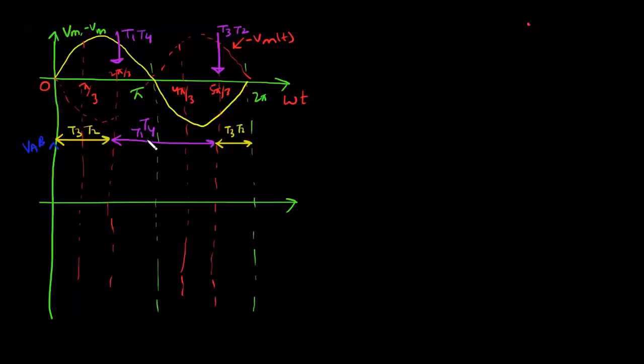So let us plot VAB. I told you whenever T1 and T4 are on, VAB is equal to VmT, so you have to just copy it. And when T3 and T2 are conducting, VAB is equal to minus VmT.